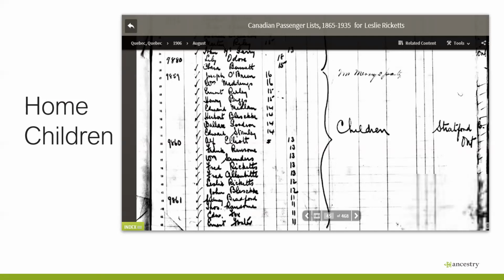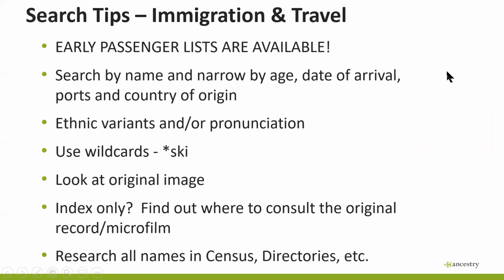And this, through the passenger list, might be your first clue that your ancestor was a home child coming to Canada to be adopted on the farms, to work on the farms through this program. It might say party of children and where they went, so you can investigate it further. And I've got some search tips for you here.